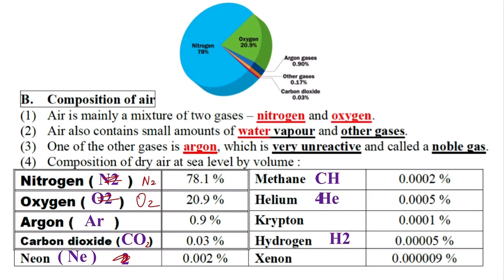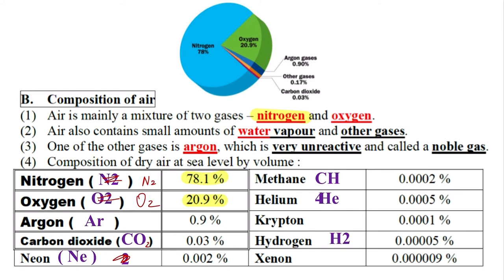First of all, in air, the most abundant gas is nitrogen. So it is 78% nitrogen. And then oxygen is next. So we have 20.9% oxygen.